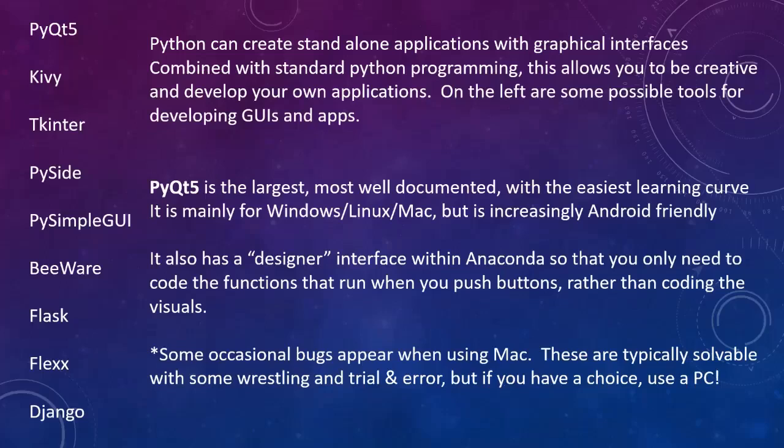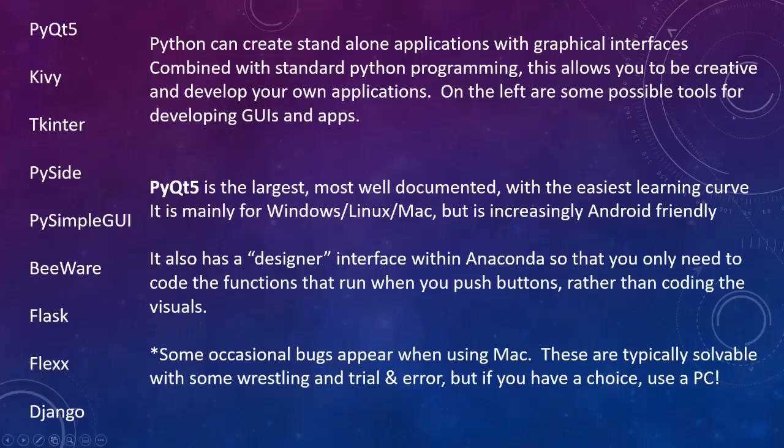Some of them are going to be very user-friendly, some of them are not. The big list on the left-hand side here are all of the Python associated libraries that you can use to develop apps of varying kinds, some a little bit more focused on a simple mobile type of device, some more desktop for science and data processing.